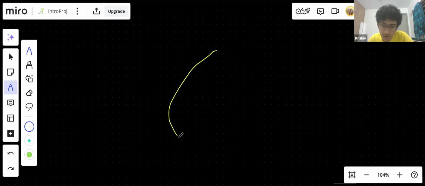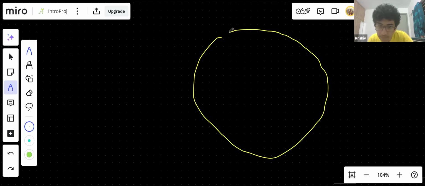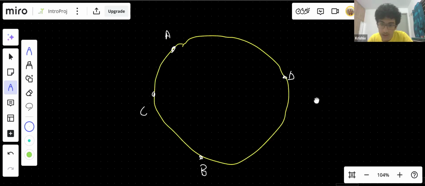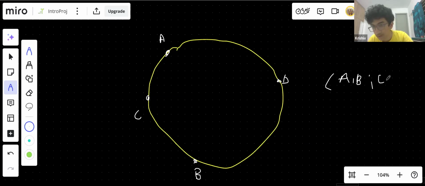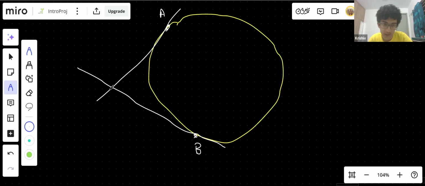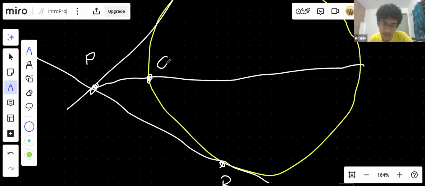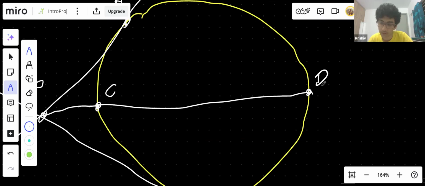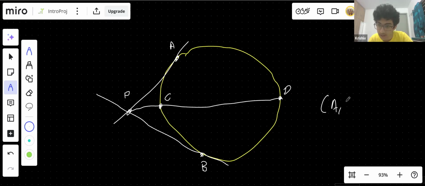I have a circle, and I have 4 points A, B, C, D. Suppose I have two tangents at A and B, and they intersect at a point P. Then I have this line, and it intersects the circle at C and D. I want you to show that A, B, C, D is harmonic. Can you show this?